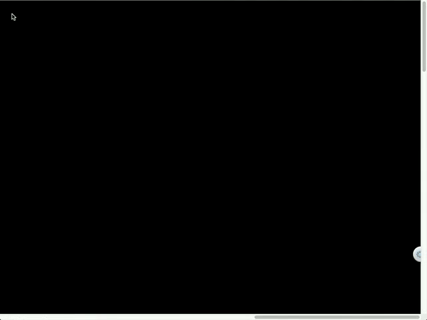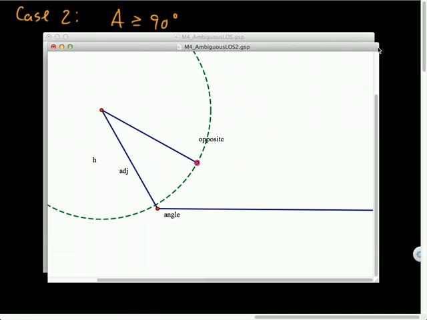Let's consider case number 2, in which angle A is greater than or equal to 90 degrees. And I believe I've conveniently got another sketch. I even knew the shortcut to make these larger.